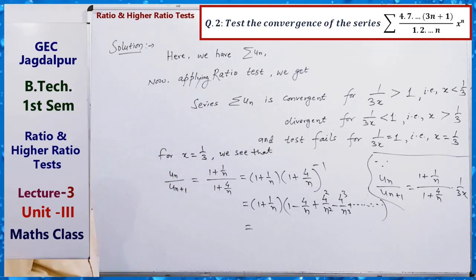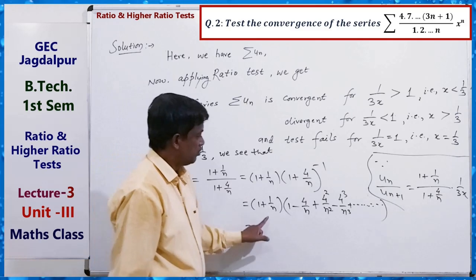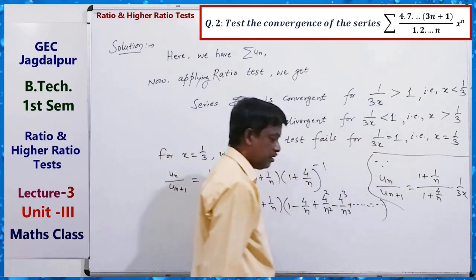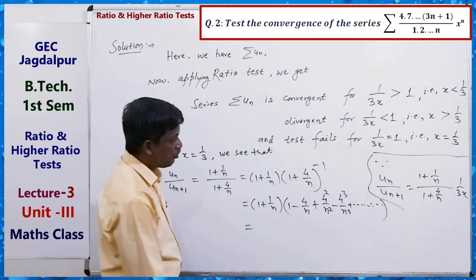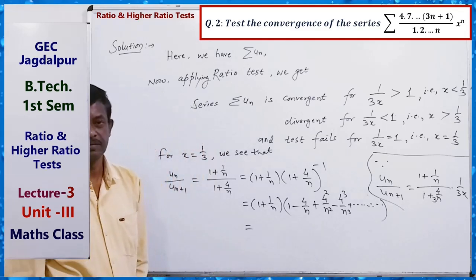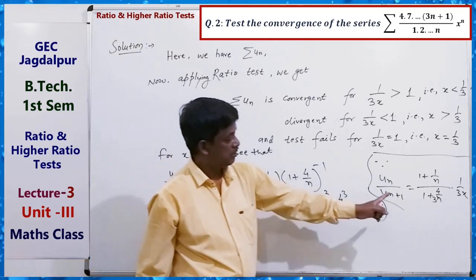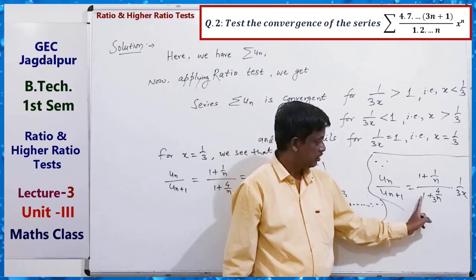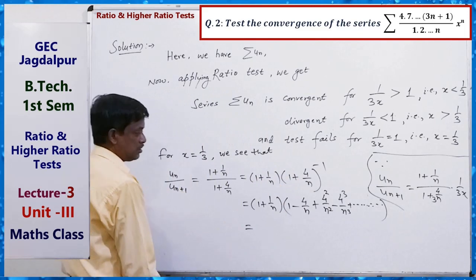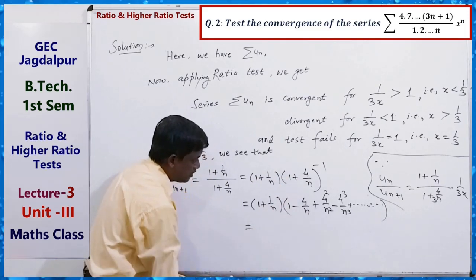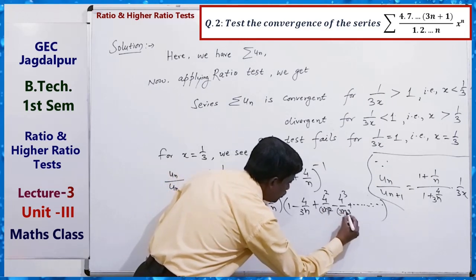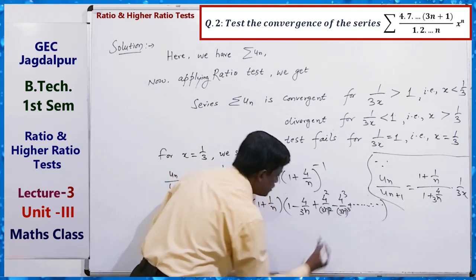We can get some of the terms here, like 4 by n, 4 by n square, 4 by n cube.